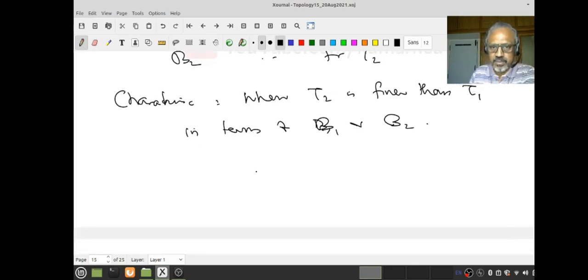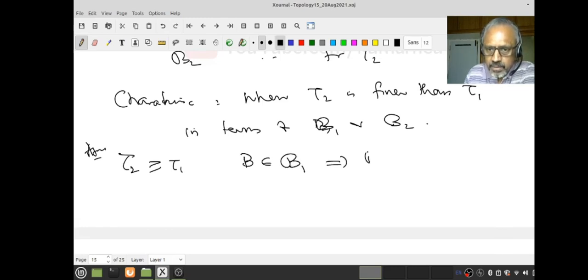Let us assume tau 2 is finer than tau 1. So what does that mean? Every element in tau 1 is in tau 2. In particular, let us take any B in B1, then B is in tau 1, that implies B is in tau 2. Do you accept it?